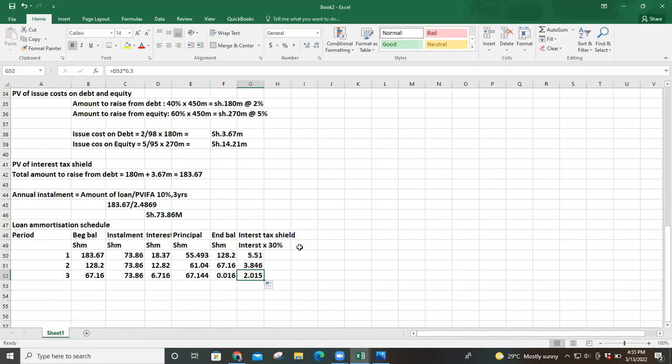We discount using the risk-free rate of return, so we have our PVIF at 10%. Coincidentally, the risk-free rate of return is the same as the cost of debt in this question.